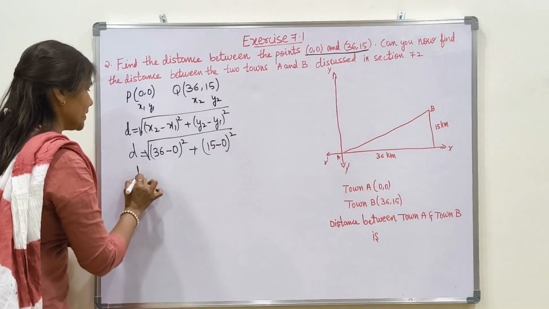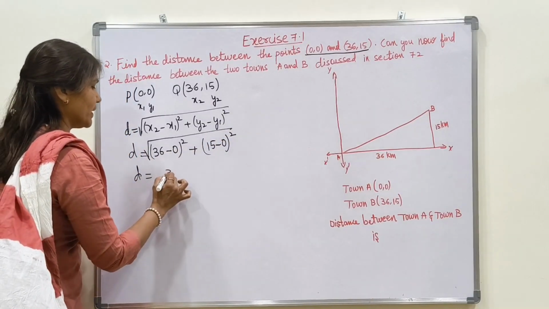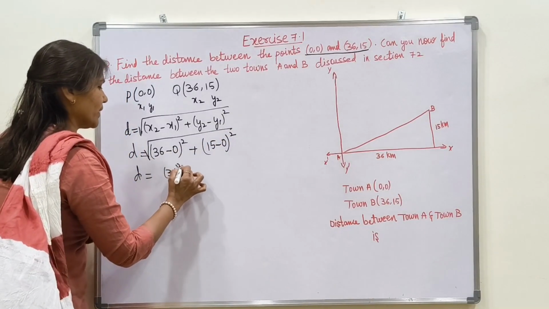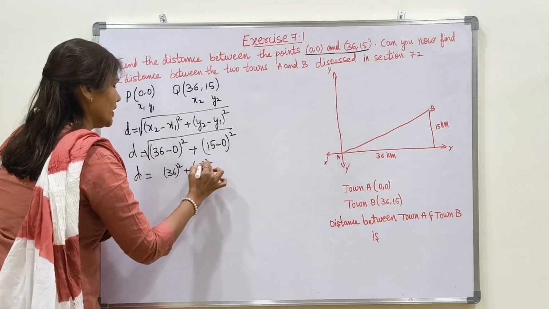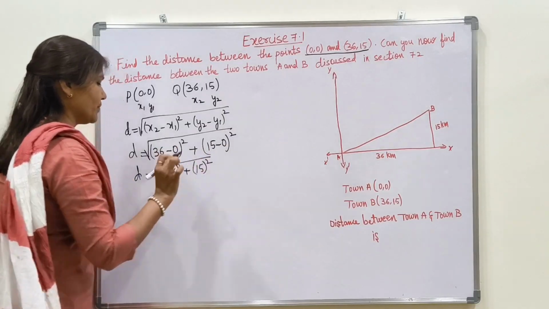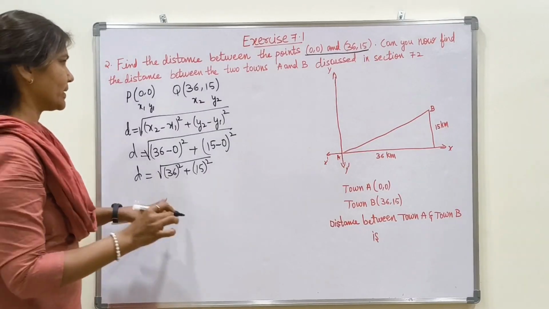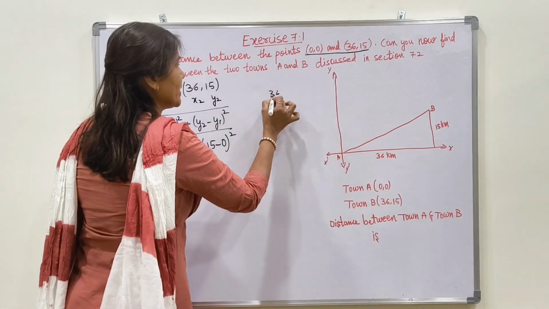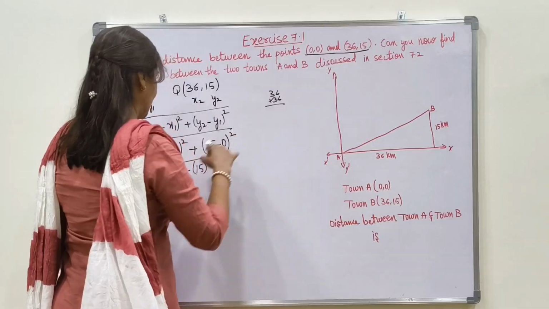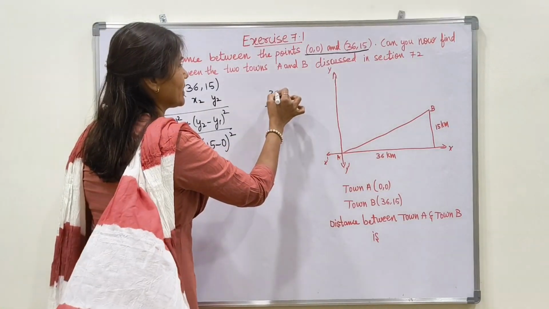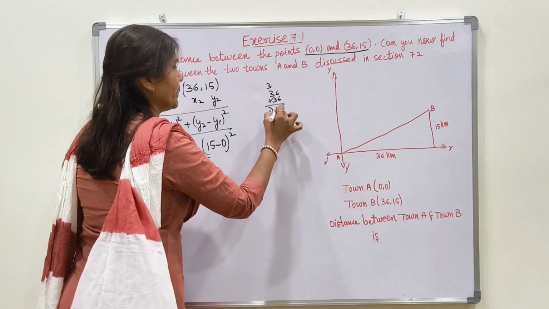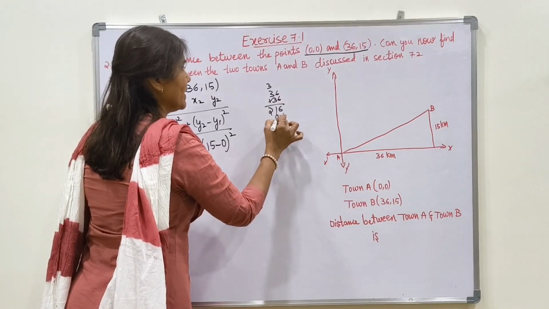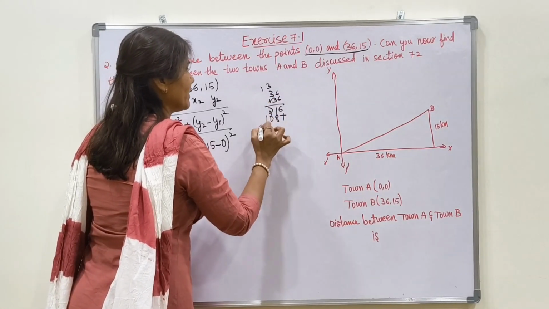Now see, D is equal to 36 minus 0, 36. 36 whole square plus 15 minus 0, 15 whole square under root. Now see here, 36 into 36. 36 square means 36 into 36. 6 6s are 36, 6 3s are 18, 19, 20, 21, 3 6s are 18, 3 3s are 9, plus 1, 10.